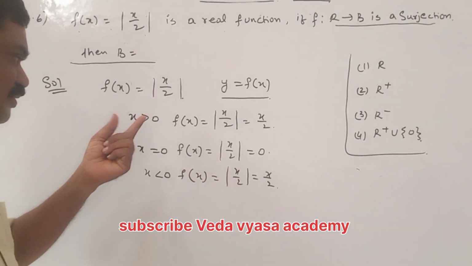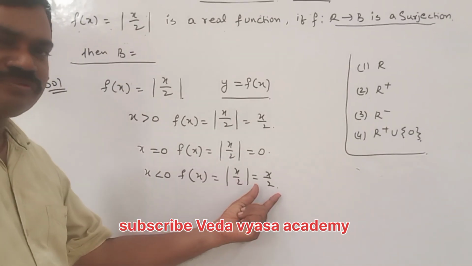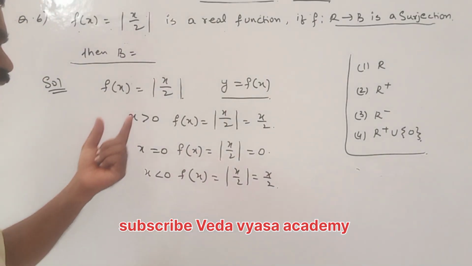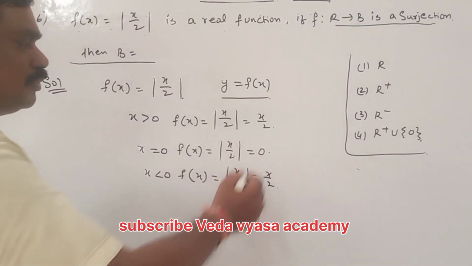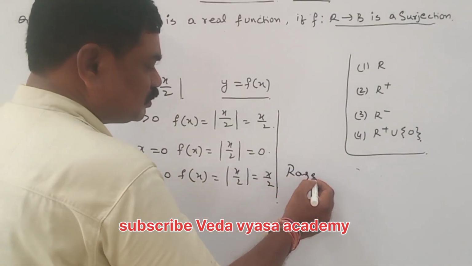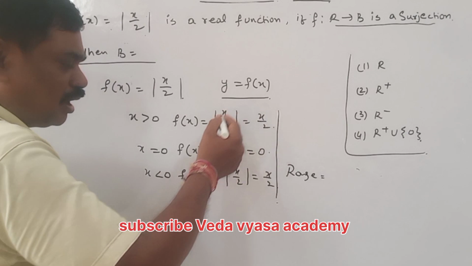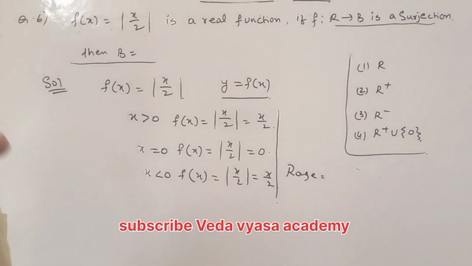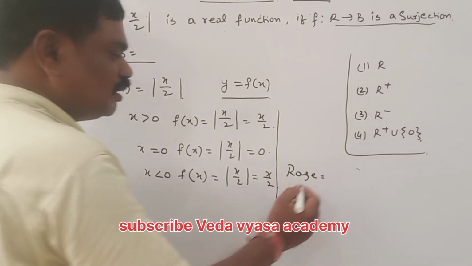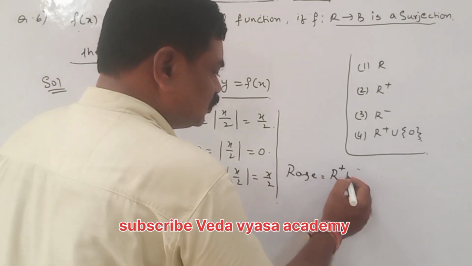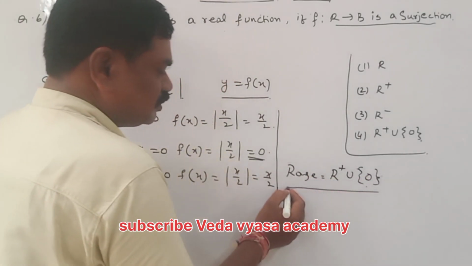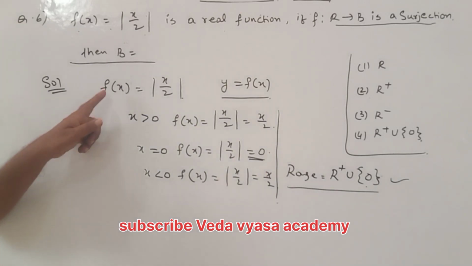If you take x less than 0, it is a positive value, and x greater than 0, it is a positive value, and x is equal to 0. So what is the range? Range is equal to all real numbers, for which positive values will come. So R plus union including 0. So this is the range of the given function.